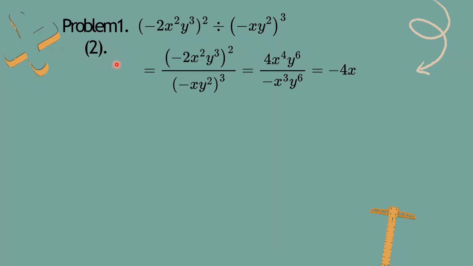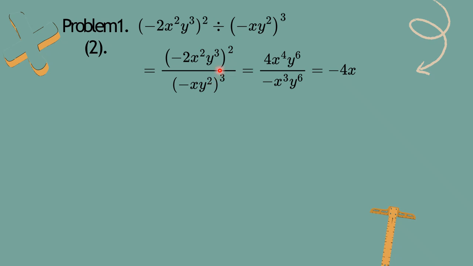Question 2. We have minus 2x squared y to the power of 3 all squared, divided by the cube of minus x y to the power of 2. So we can write it as a fraction, where the top is this and the bottom is this.